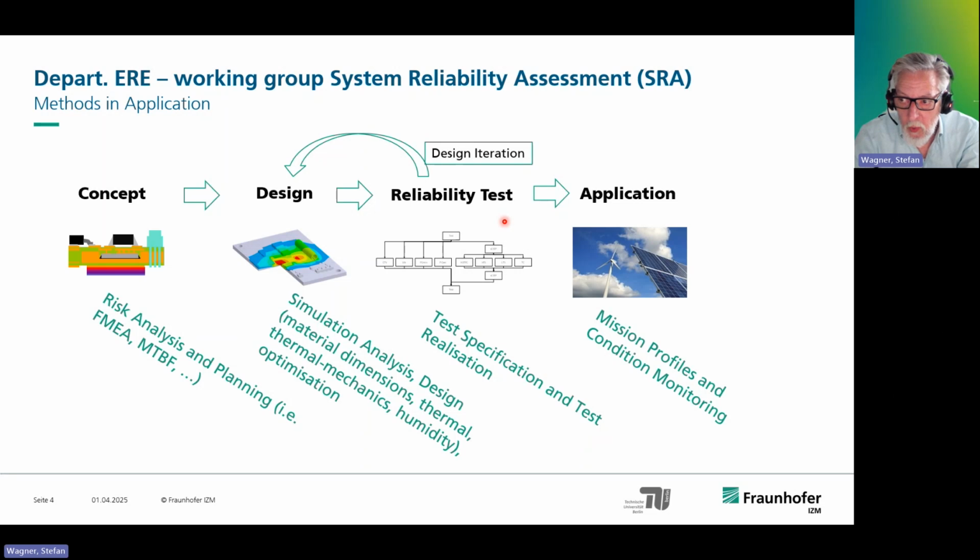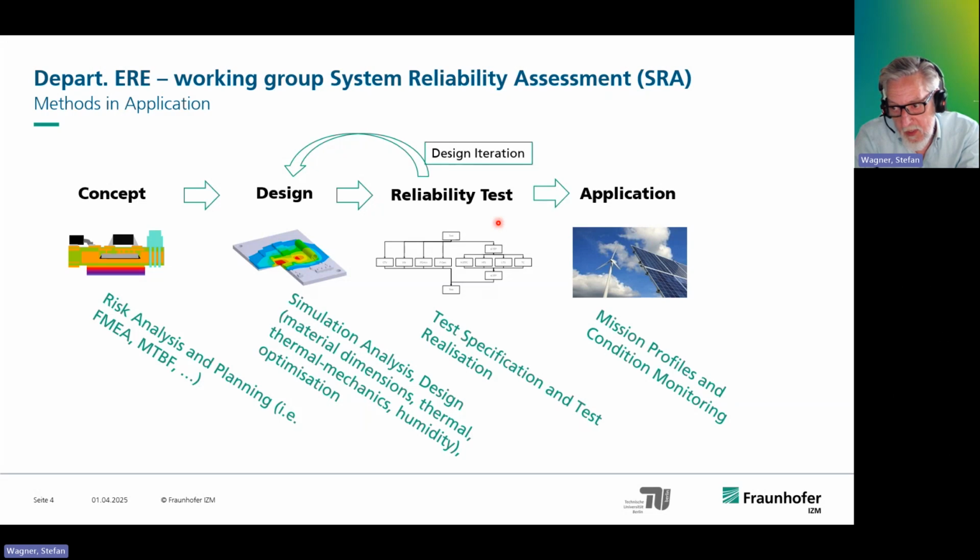In our work, we use various methods along the development chain from the concept phase, design and reliability testing through to the application. In the concept phase, we support the risk analysis and planning with FMEA and MTBF or methods like this. In the design phase, we do simulation analysis and support the design with the analysis of necessary material dimensions, thermal and thermal-mechanical analysis, and also the impact of moisture.